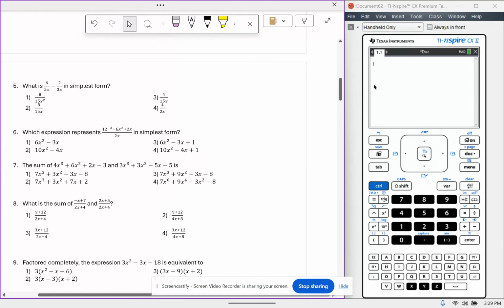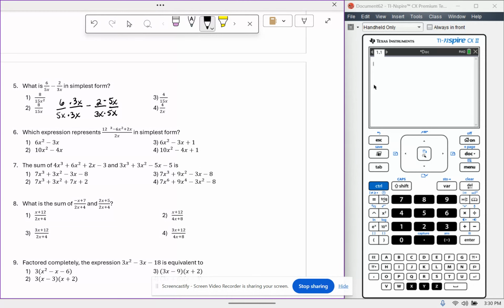Question 5, what is 6 over 5x minus 2 over 3x in simplest form? Well, in order to subtract fractions, we need to get a common denominator. So we would multiply by 3x over 3x for the first part, and then we would multiply 2 over 3x times 5x over 5x for the second part.